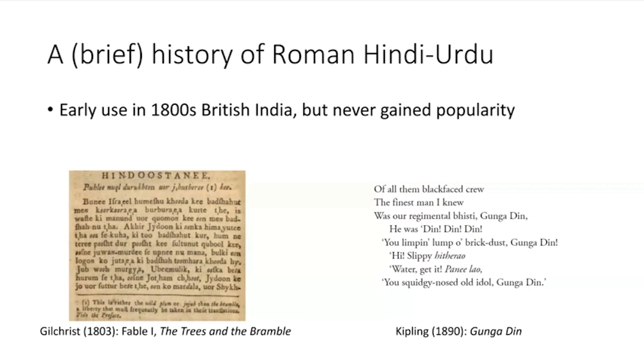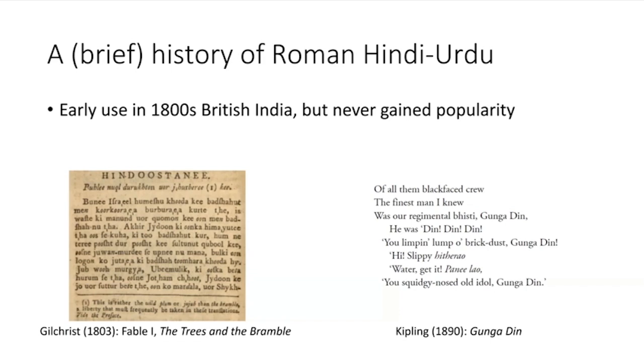Although it's gotten popular recently, there is a long history of writing Hindi-Urdu in the Roman script. On the left here, I don't know if you can really see that, but that is the oldest example that I found of Hindi-Urdu in the Roman script. If you're familiar with Roman Hindi-Urdu now, that is going to look very strange. Orthographic conventions are very different.